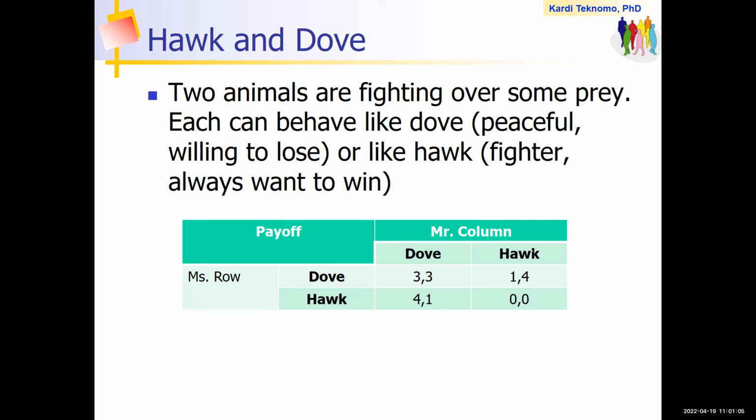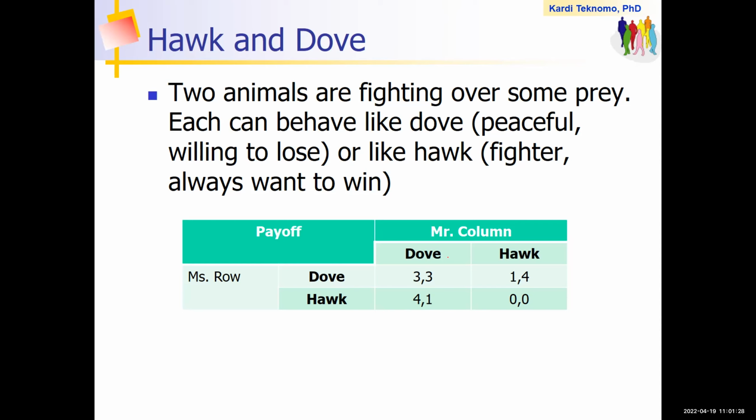If you play dove and Mr. Column also plays dove, you are Miss Row, and the two of you will get 3-3. That means this is Pareto optimal, right? But if you play dove and your opponent plays hawk, the hawk will win.